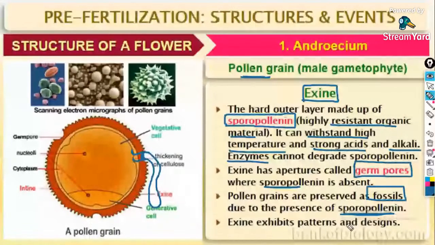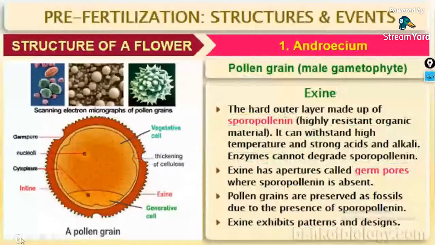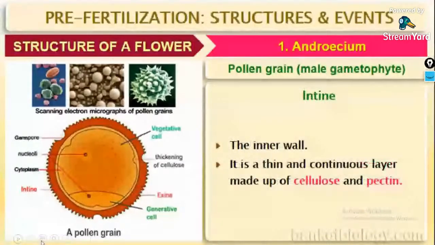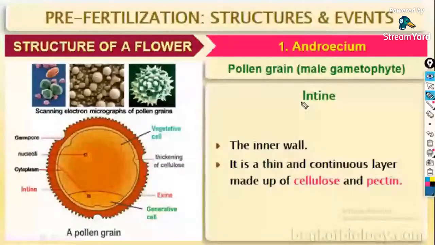The exine exhibits pattern as well as design. That is why I told you the pollen grains of different flowers look different. It is due to the different deposition of this exine.